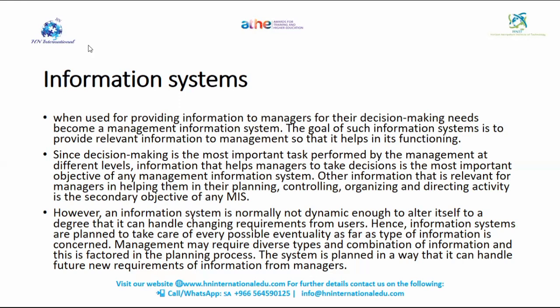Hence, information systems are planned to take care of every possible eventuality as far as type of information is concerned. Management may require diverse types and combinations of information, and this is factored in the planning process. The system is planned in a way that it can handle future new requirements of information from management.